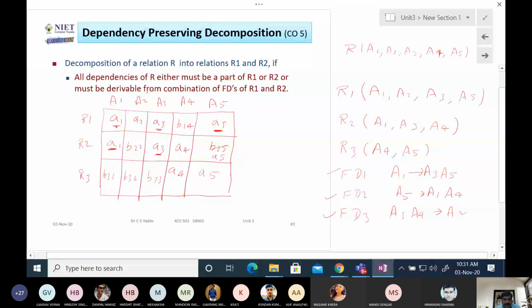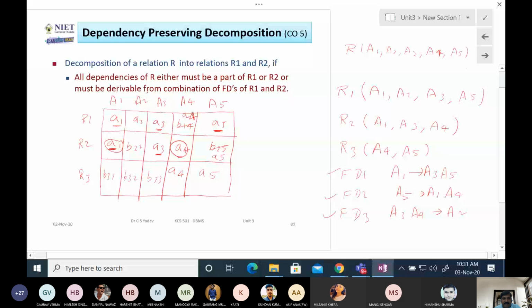Here A1 and A4. A5 determines the same A1 and A4, and here A5 determines A1 and A4. Then here we will replace B14 by A4.